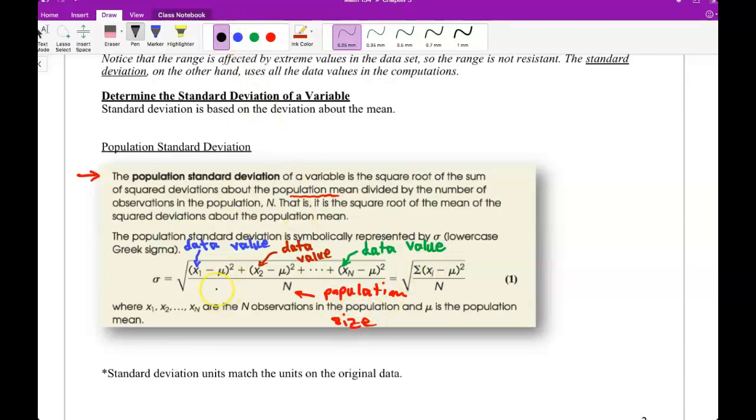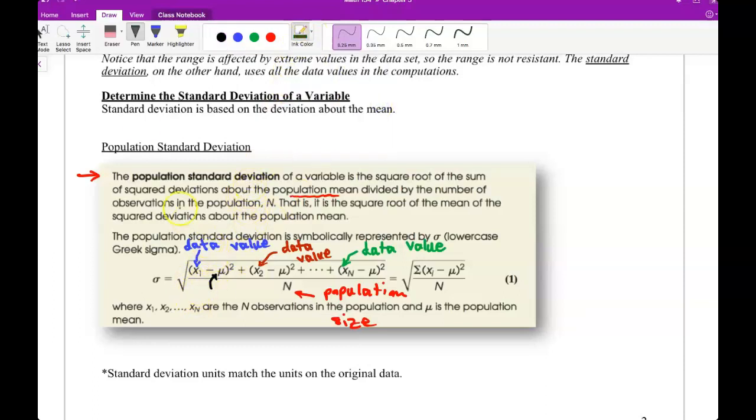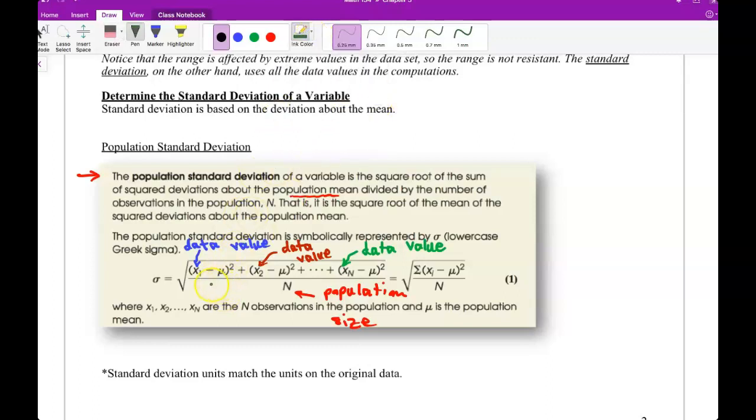And this mu is the population mean. So all these mu are population mean.